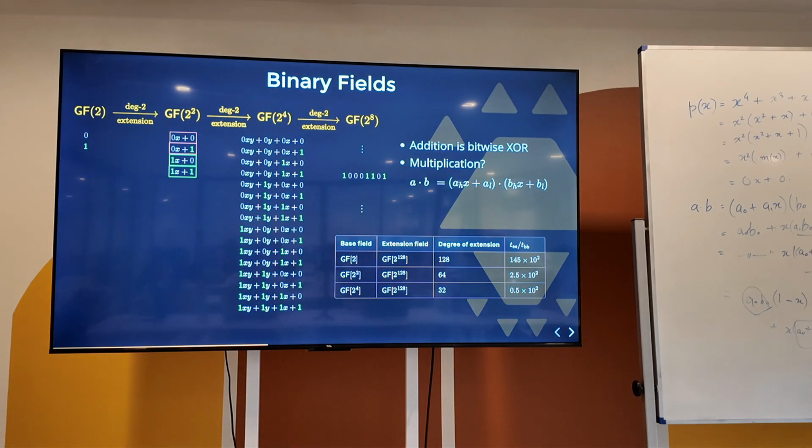So extension field multiplications are super expensive. Even if you do your own implementation of binary fields, you'll get something around this number, maybe 20,000 or 30,000 as a factor of this multiplication. So the bottom line: extension field multiplications are very expensive.